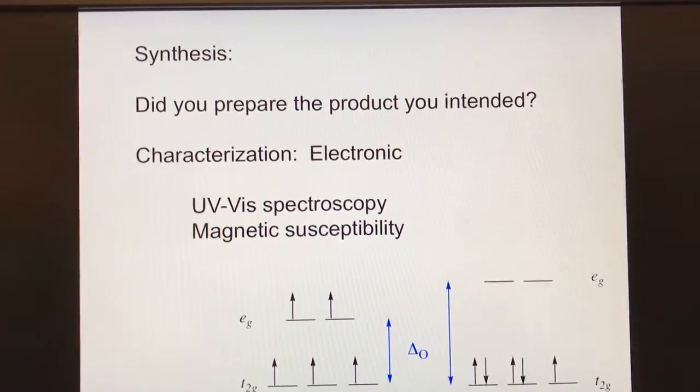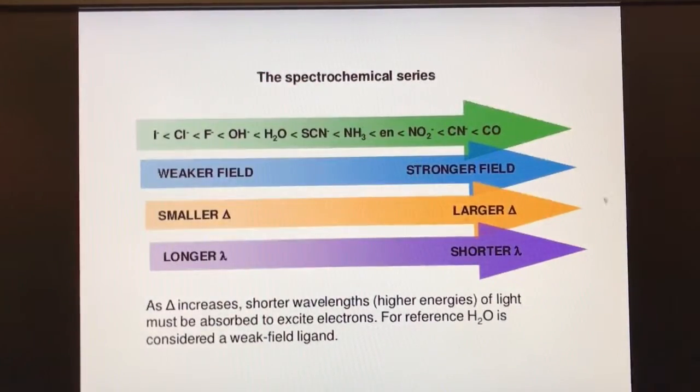And so again, thinking about how the metal center and the ligands will both affect the magnitude of delta, and then tie that in with your results and in your worksheet report that we are providing for you. So here's a reminder about the Spectrochemical Series.